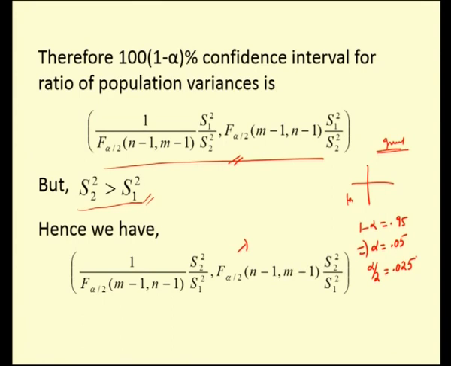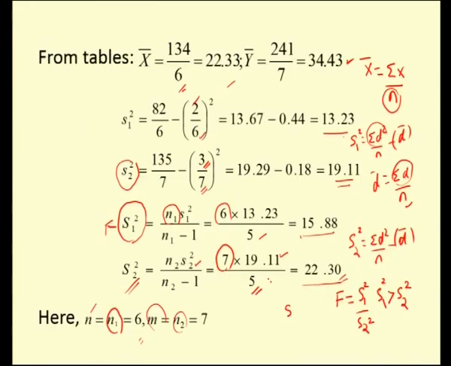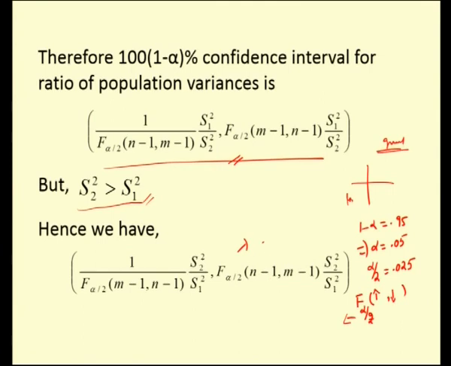Hence, I have to find F alpha by 2 with the appropriate degrees of freedom, that is, the numerator degrees of freedom and the denominator degrees of freedom. F alpha by 2 can be looked up in the F tables with 0.025. As I said earlier, n is 6 and m is 7.